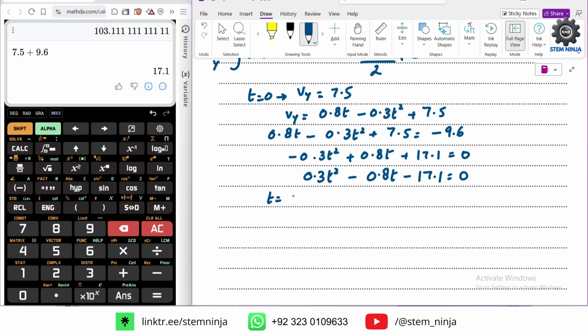So t is equal to 0.8 plus minus the square root of b squared minus 4ac, divided by 2 times 0.3.